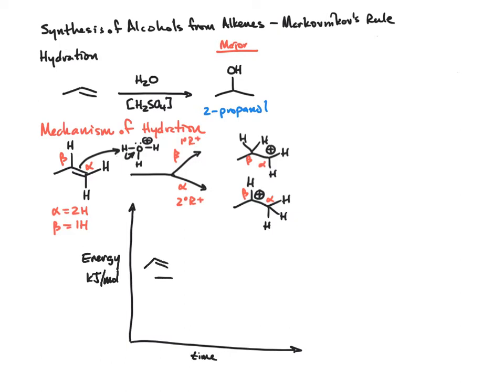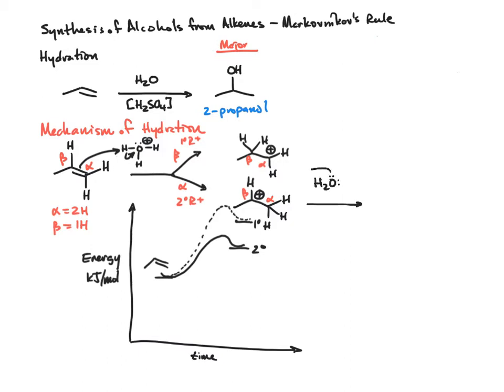Since we're forming a carbocation intermediate, we're going higher in energy. So the secondary carbocation is lower in energy than the primary carbocation, so that is the preferred pathway: protonation of the alpha carbon resulting in the secondary carbocation.